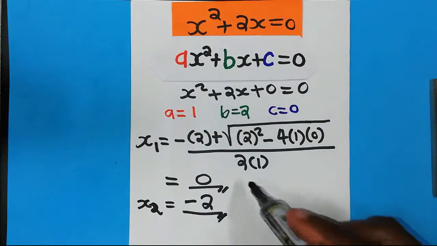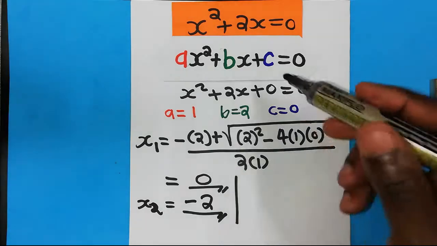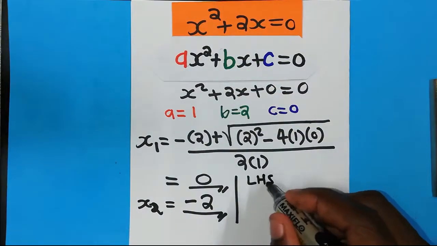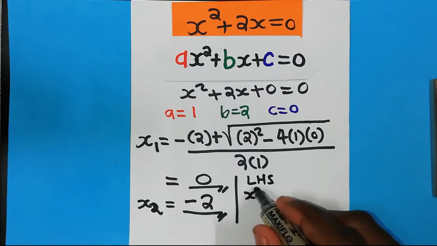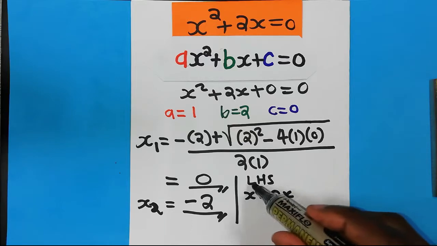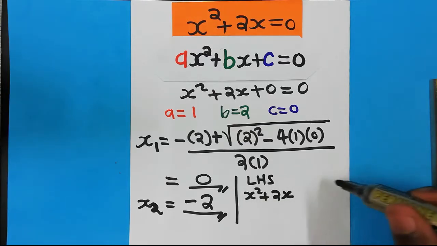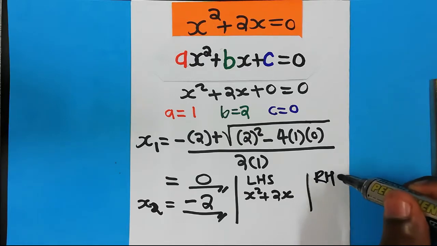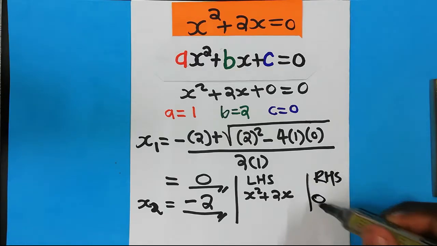Now, to prove if these values are correct, we are going to say this is the left-hand side, okay? So we have x squared plus 2x. All right, so left-hand side must be equal to the right-hand side. So right-hand side, we have a 0.